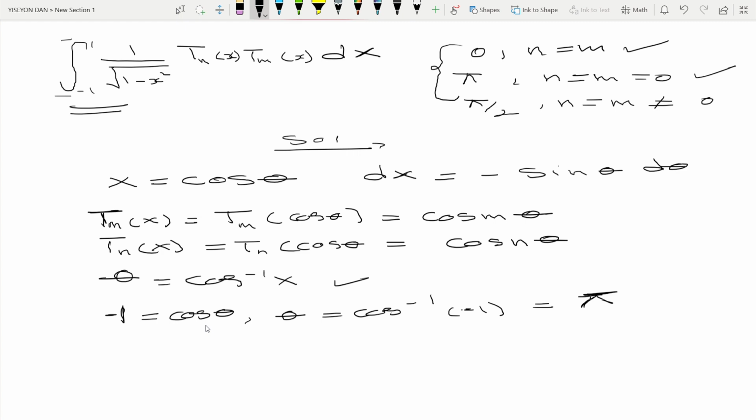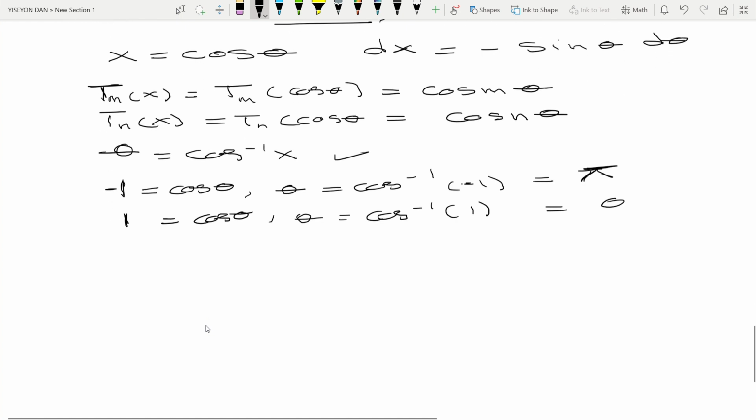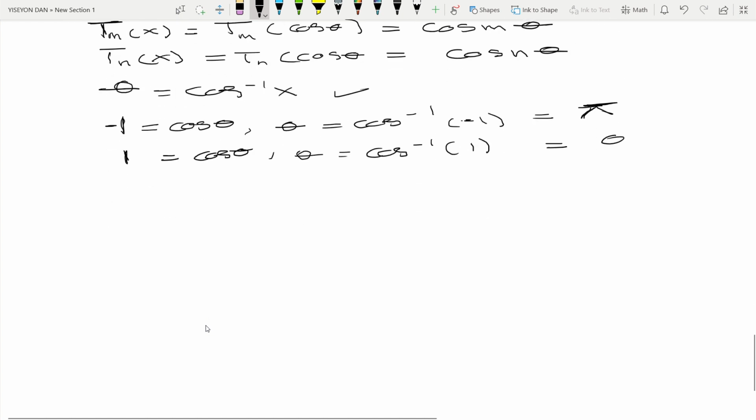Now, similarly, when x equals 1, we have 1 equals cos theta, and theta will be equal to cos inverse of 1, and cos inverse of 1 is 0.